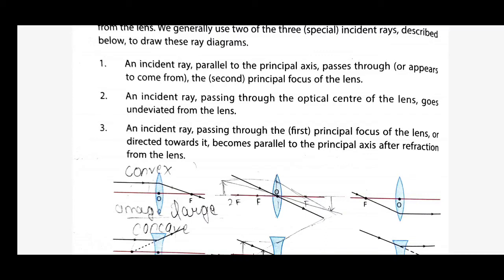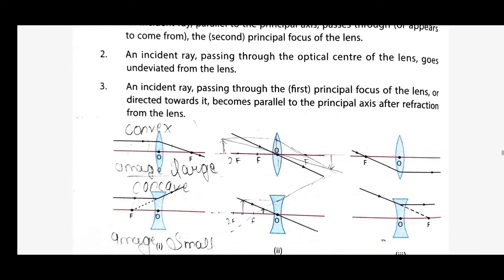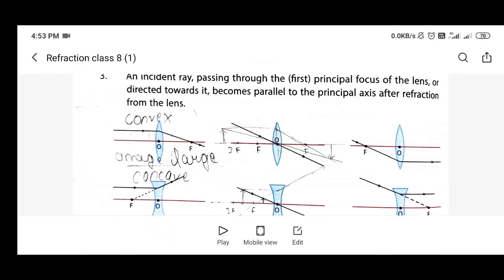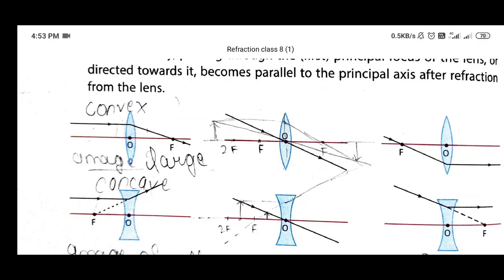So if a ray is incident parallel to the principal axis on the convex lens, then it passes through the focus after refraction. See this figure: this is a convex lens, this is the incident ray which passes through the focus after refraction through the lens.